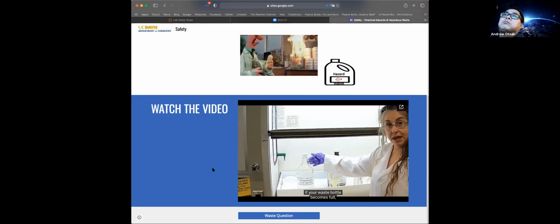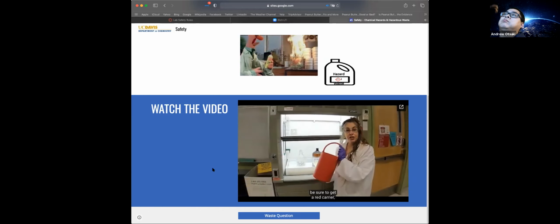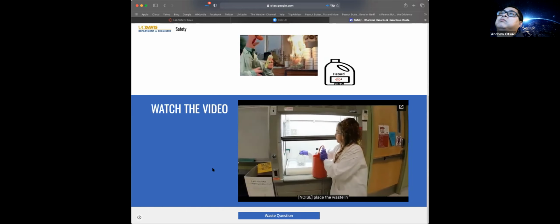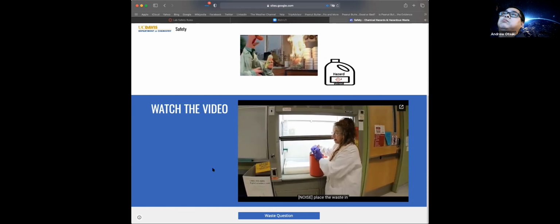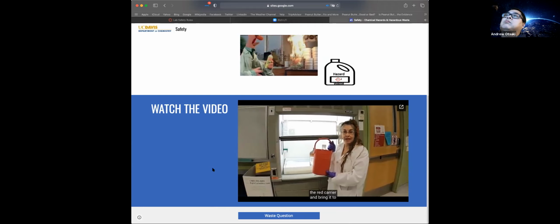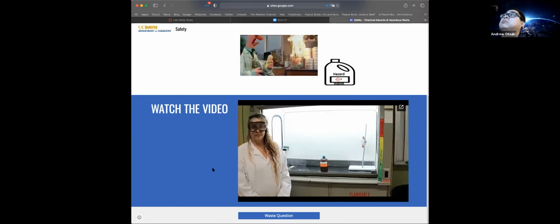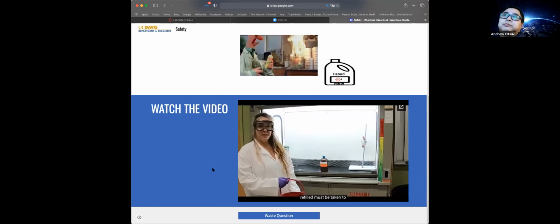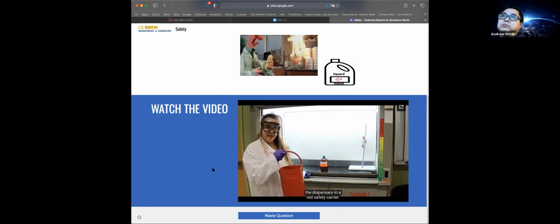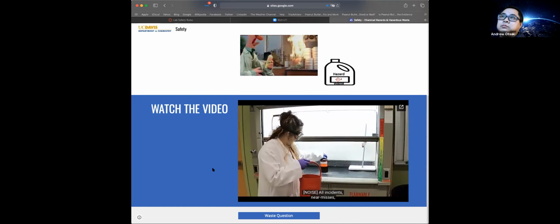If your waste bottle becomes full, be sure to get a red carrier. Place the waste in the red carrier and bring it to the dispensary window where our staff will give you a new waste bottle. All chemicals that need to be refilled must be taken to the dispensary in a red safety carrier.